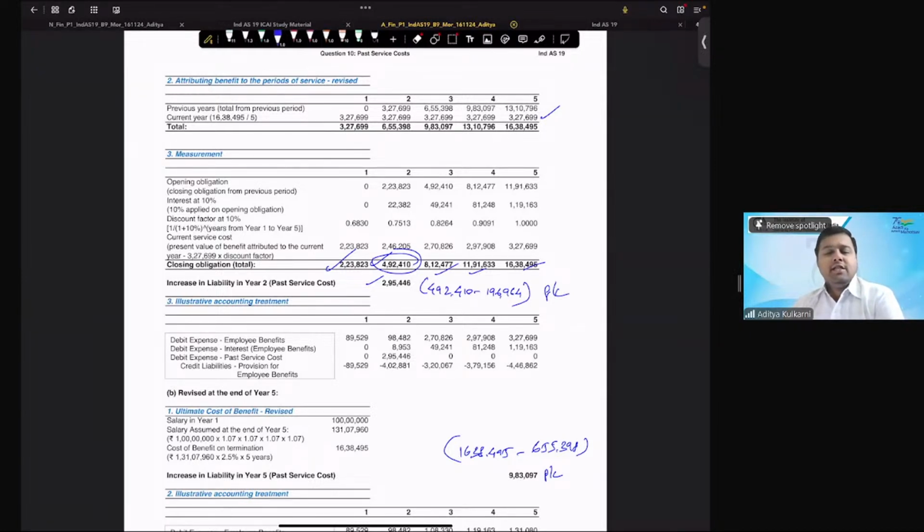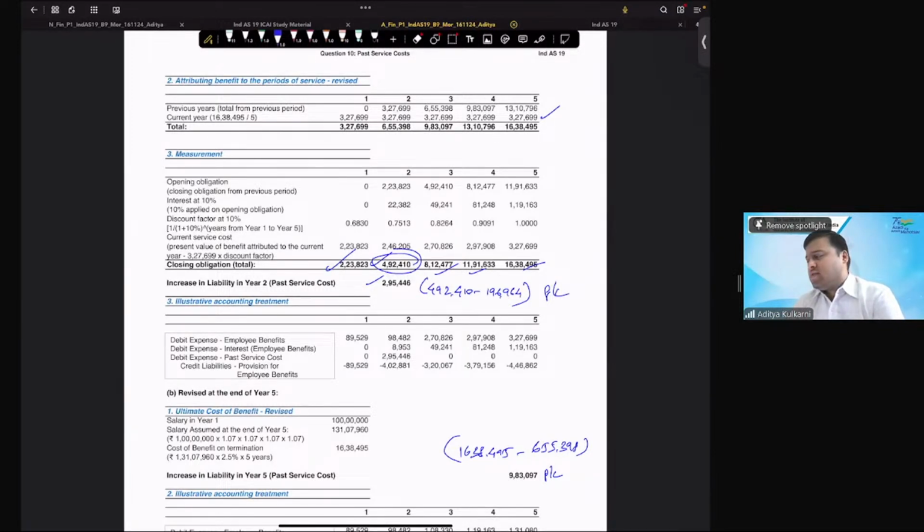Any change in your actuarial assumptions arising out of experience, it's very normal for these things to change. Any change in your actuarial assumptions is something beyond the control of the entity, and therefore it is taken to your statement of other comprehensive income, and it is non-reclassifiable to the P&L. So from OCI, it will move directly to the reserves. So that is as far as your accounting treatment is concerned.